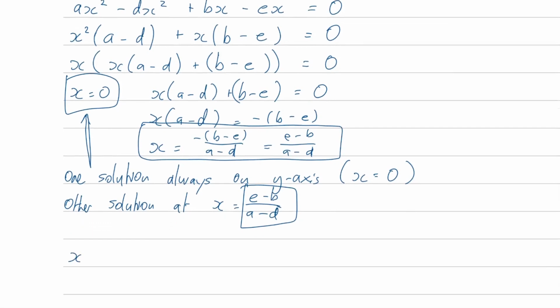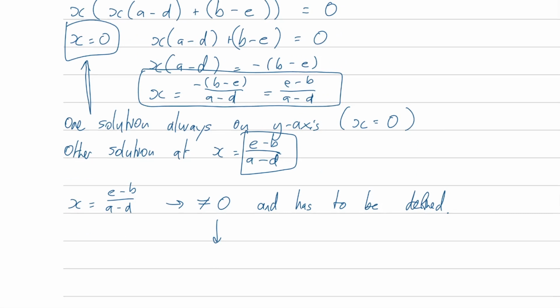So this cannot equal 0, and has to be defined. So if it cannot equal 0, that means the numerator can't equal 0, which means e minus b can't be 0, or e can't be equal to b.